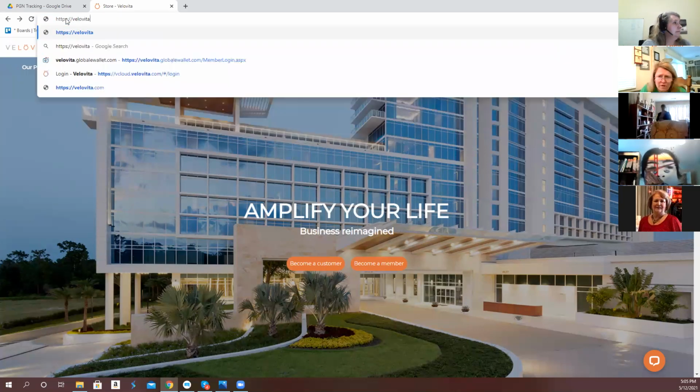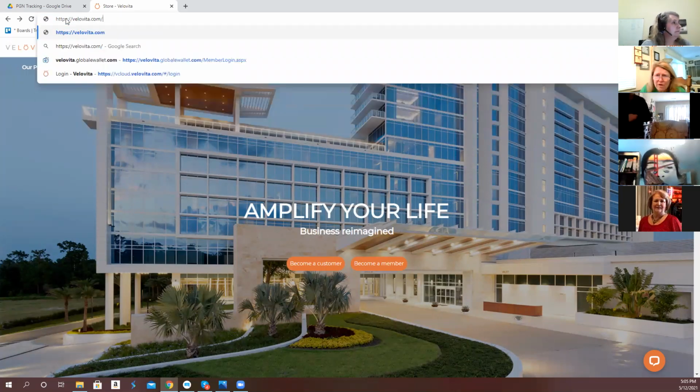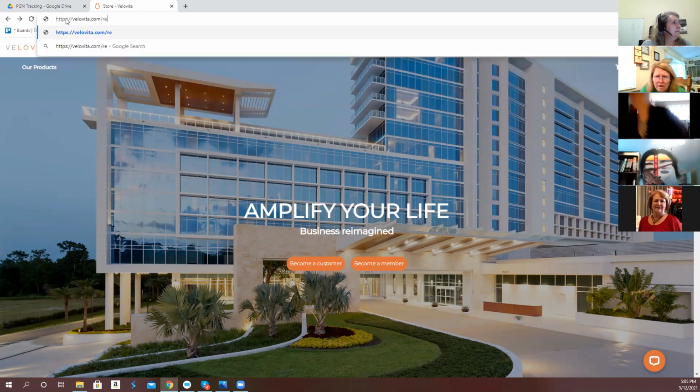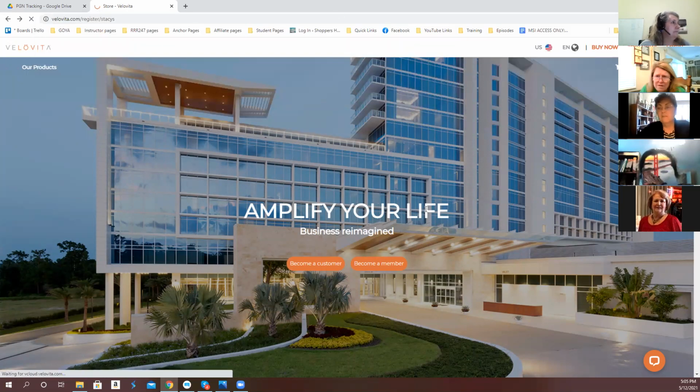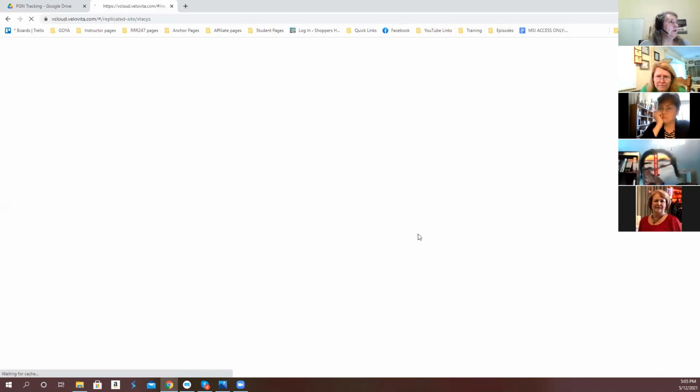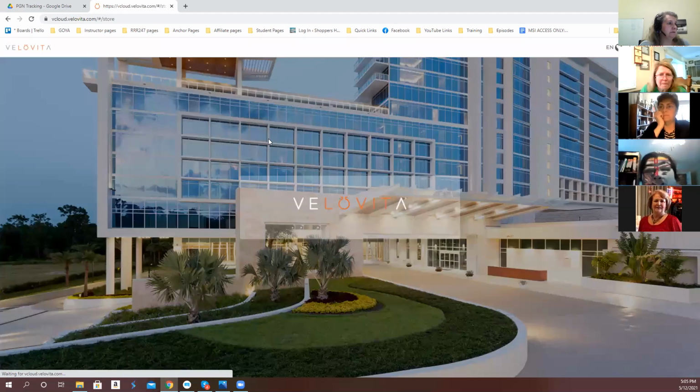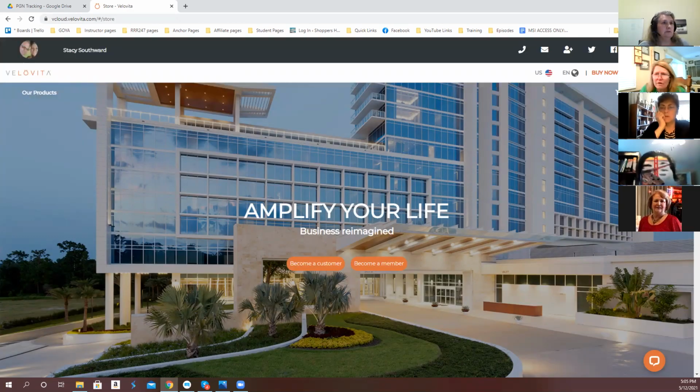Let me see if it's under register. It might be one of the specific links. I'll have to look for it, and it may be gone. They could have changed it.